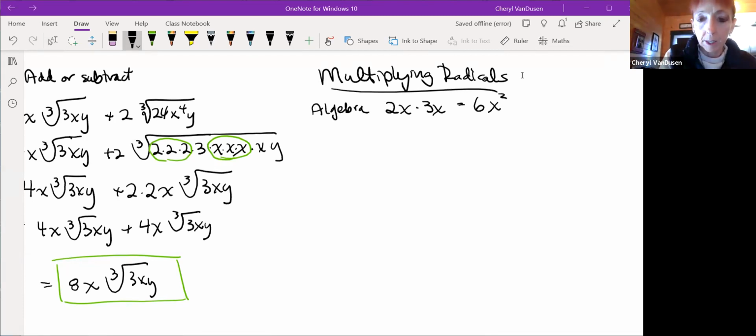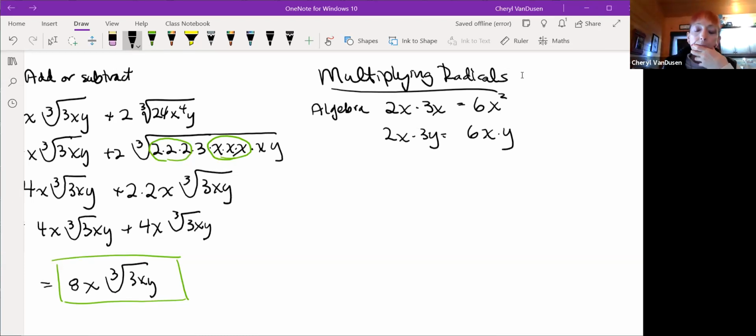Or if we had something like 2x times 3y, 2 times 3 is 6, and the x's and y's just go x times y. Okay, so that helps a little bit. I mean, it gets a little bit more complicated with multiplying radicals, that's for sure. Okay, so let's blast off into one.